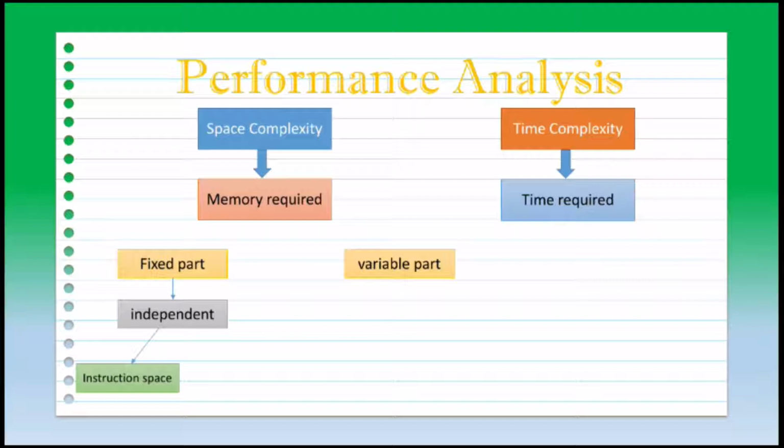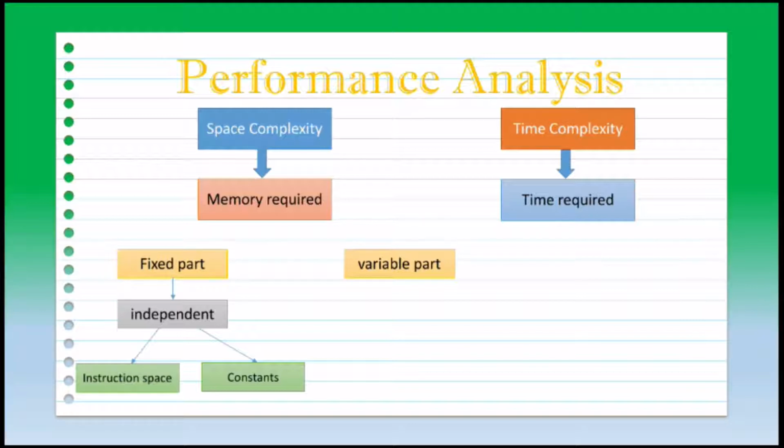The fixed part also depends on constant variables whose size remains the same throughout the algorithm. So when we use a variable that requires a fixed amount of space, it also comes under the fixed part while calculating space complexity.